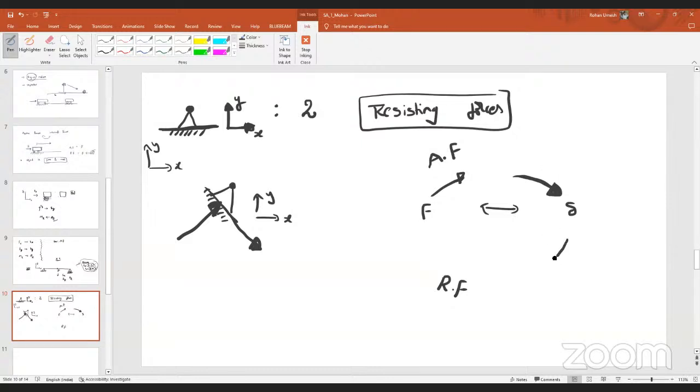If you don't want the deflection to happen at a point, how can you control it? We have to resist it. How will we resist it? In the form of resisting forces. Is it clear? If you apply external forces, deflections are possible. If you don't want the deflections, resisting forces will act. So these are always vice versa kind of thing. If one happens, another will come into the picture.